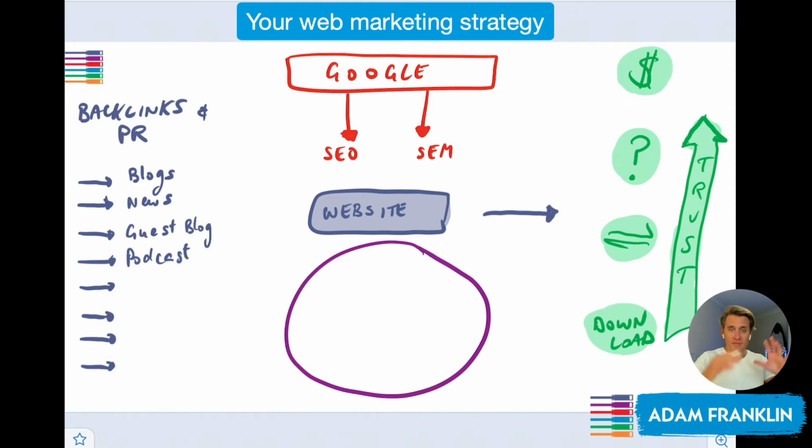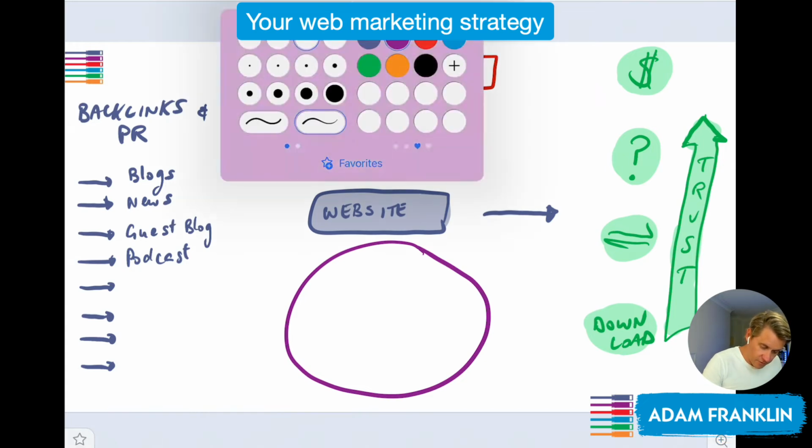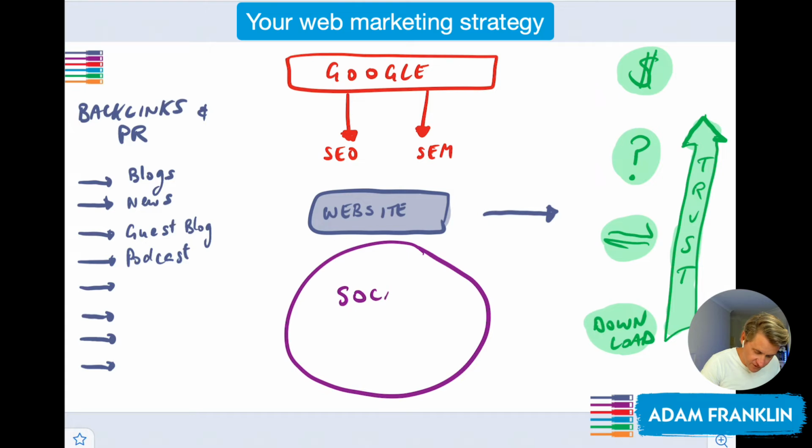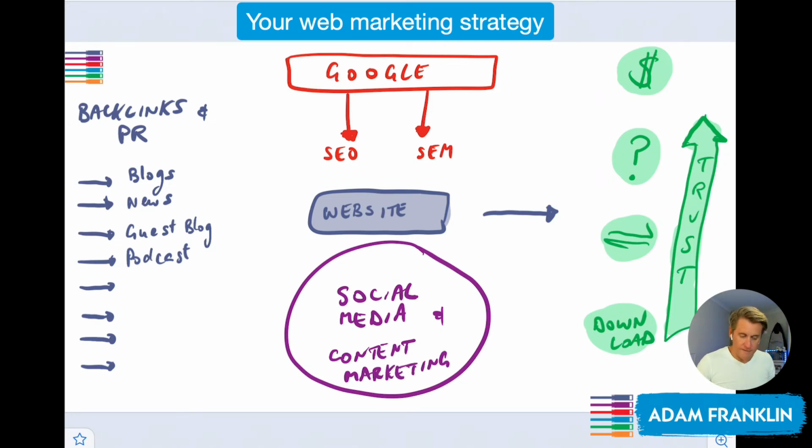And the third main way is through the sort of circus that we call social media and content marketing. Now, to be fair, content kind of covers the whole gamut here, but the reason I put it down here is because it's so closely tied with what we publish on social media.